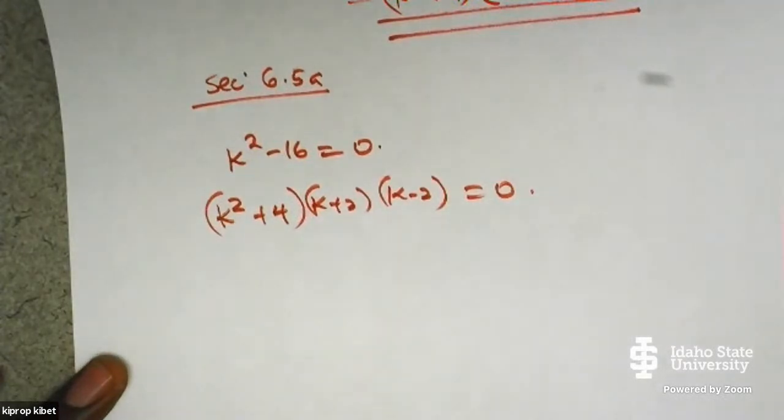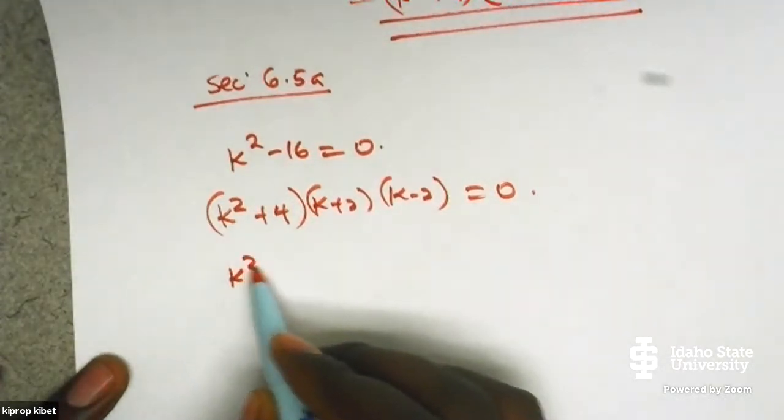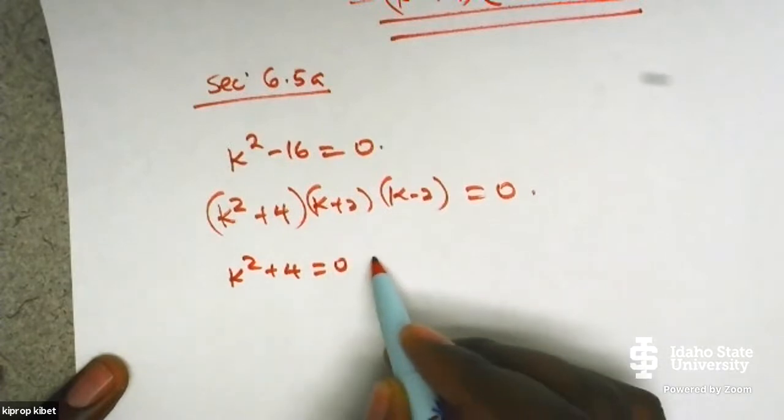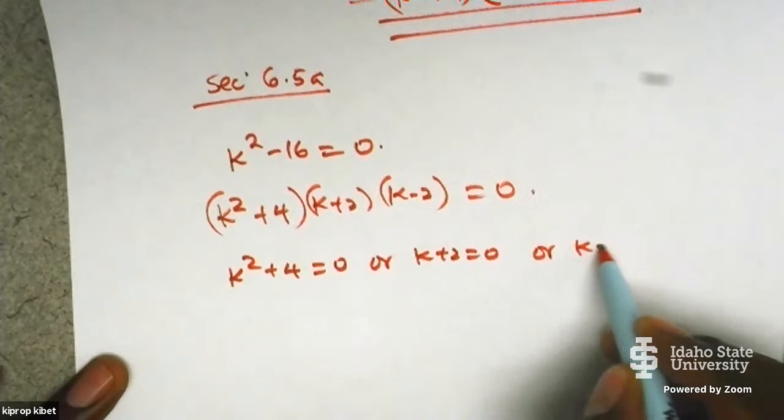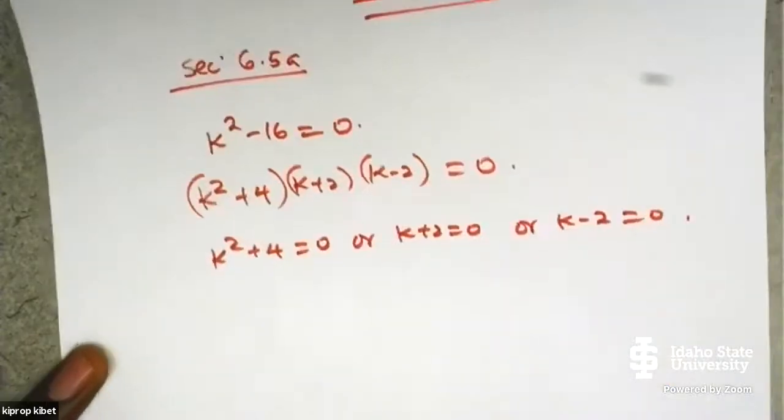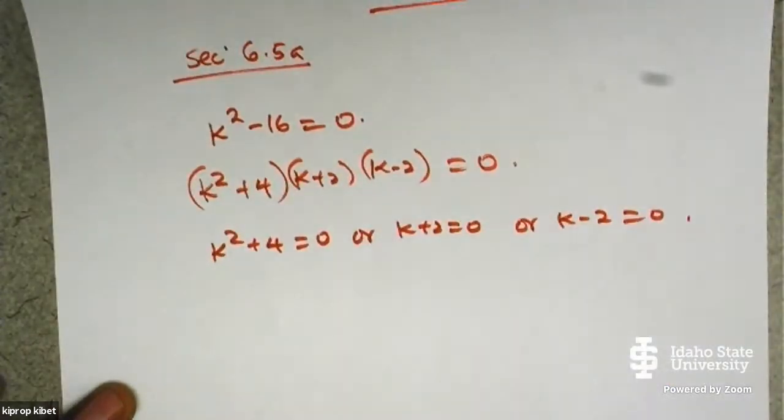So therefore, in this case, k squared plus 4 equals 0, or k plus 2 equals 0, or k minus 2 equals 0. So the values of k can be found here.